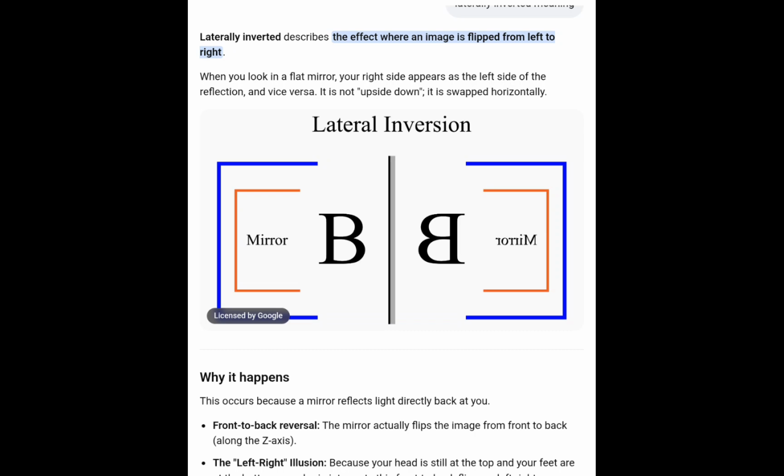Laterally inverted describes the effect where an image is flipped from left to right. Observe this image, the original and mirror reflection image.